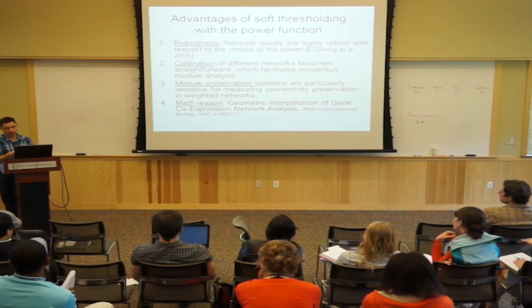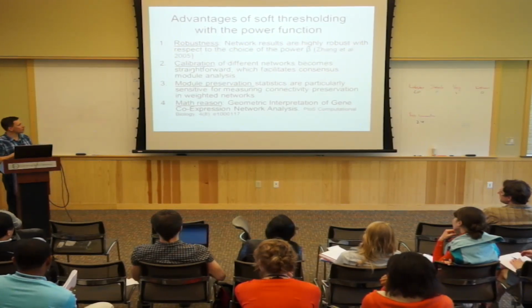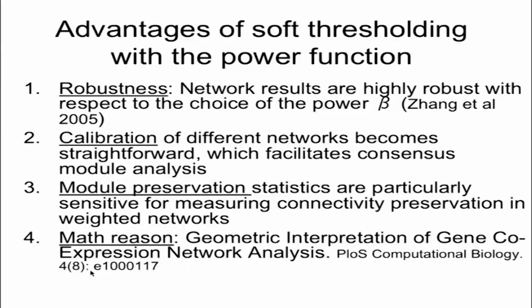And so, again, weighted networks give rise to very powerful statistics. And then the other reason why we like the power function, meaning we raise the correlation to a power, is that there is a mathematical reason for it, and I urge you to read the papers if you want to learn more about that. All right. Do you have any questions at this point?